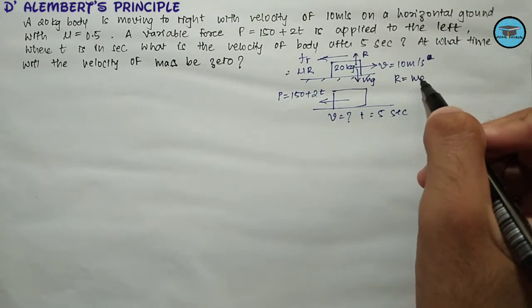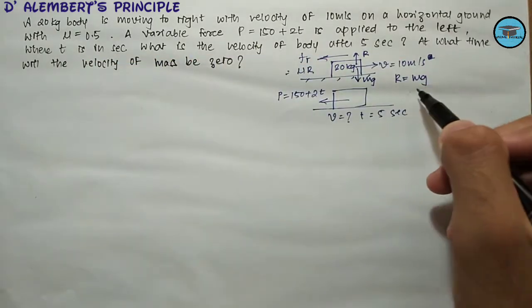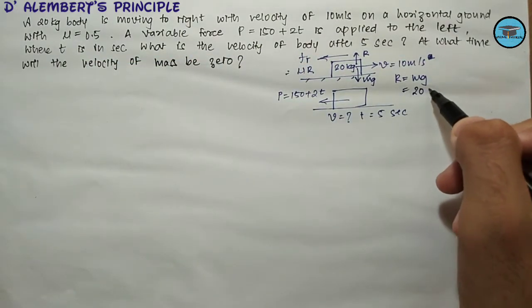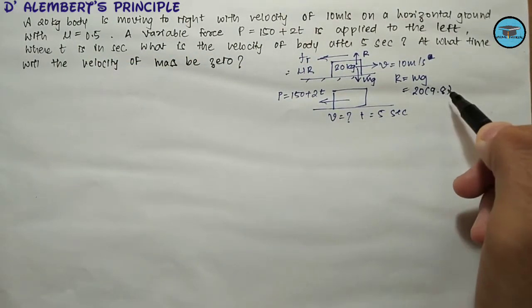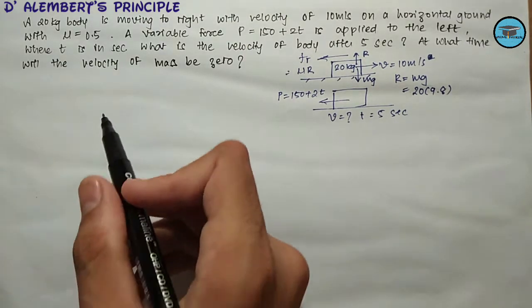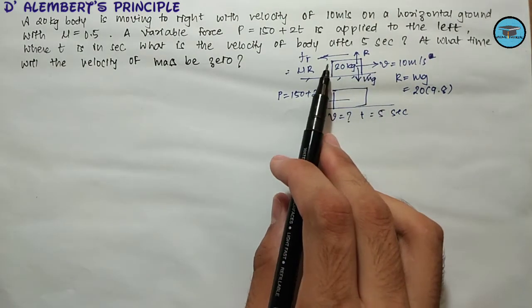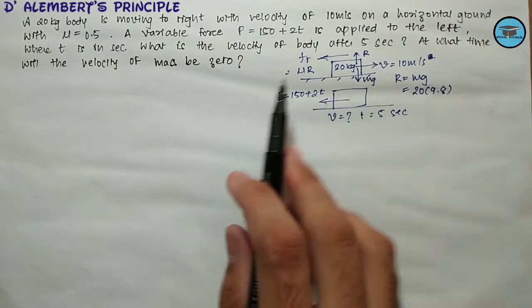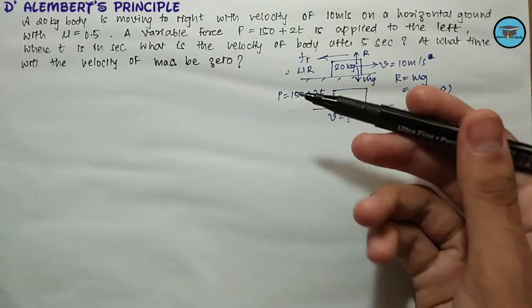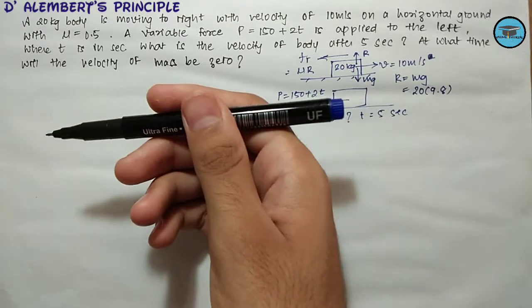Mass is 20 and g is 9.8, so 20 into 9.8. The body is moving towards the right, the frictional force is acting towards the left, and the variable force is also applied on the left.